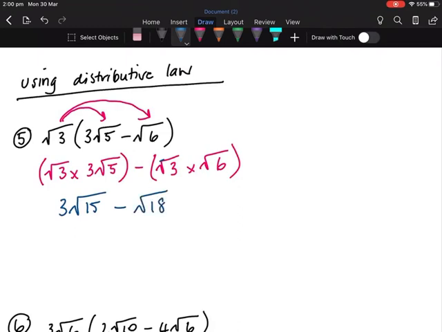Now, what we need to do is simplify this one out.